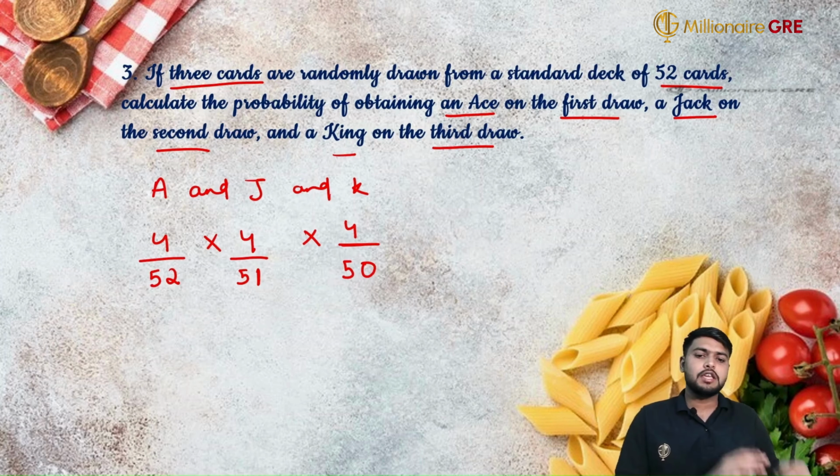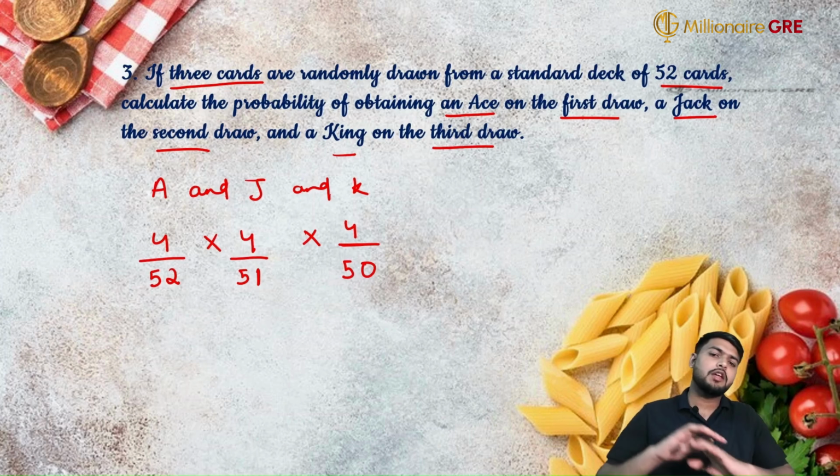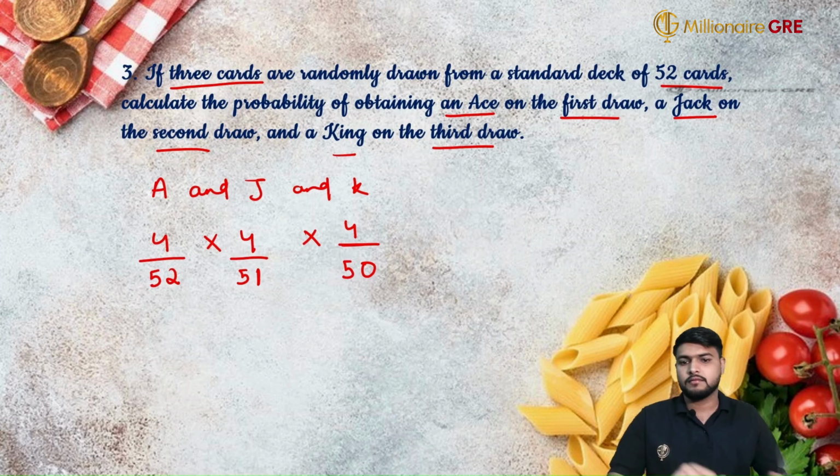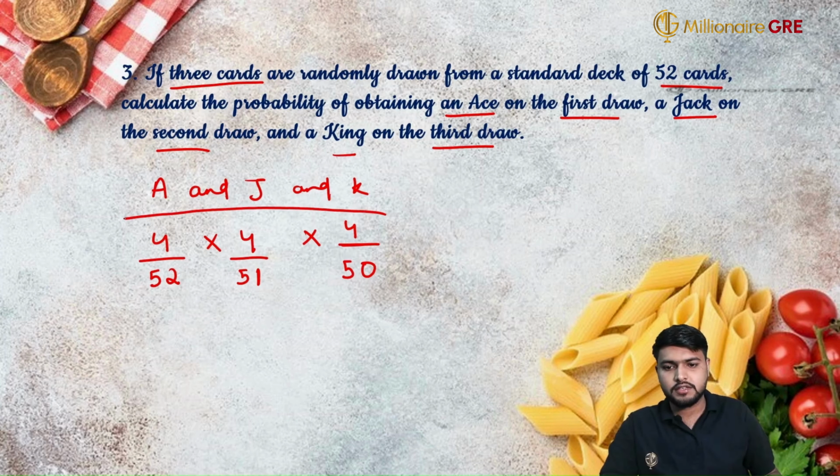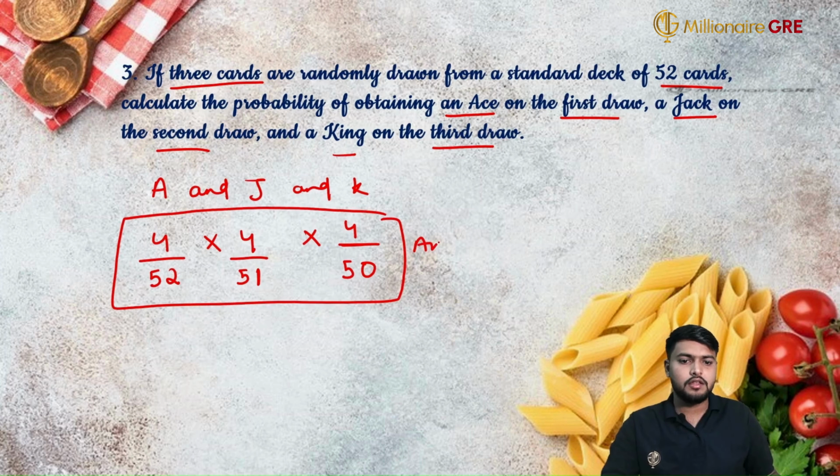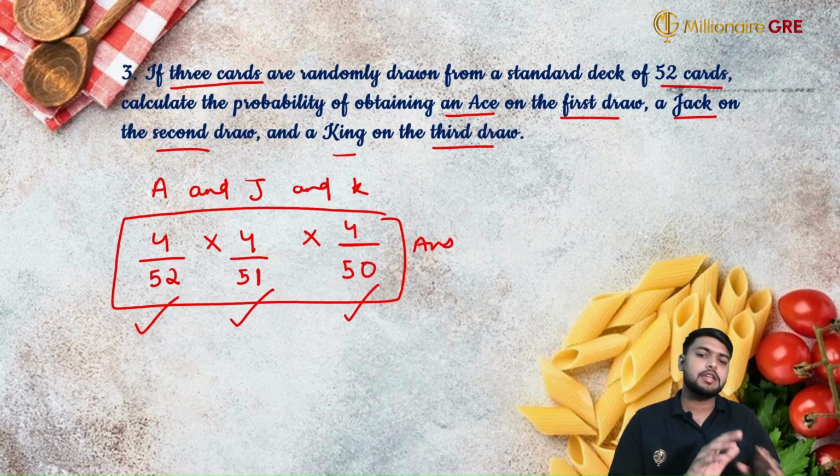And 50C1 ways to select 1 card out of the remaining 50 cards. And this is the answer. This is the probability that the first is an ace, second is jack, and third is king. I hope this makes sense. We will move on to the fourth one now.